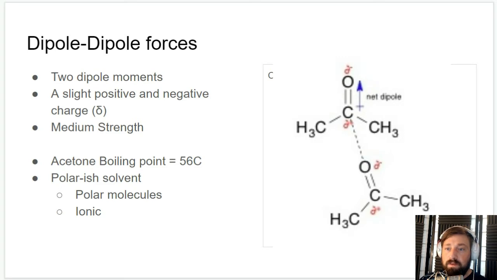If this bottom one is trying to move this way, it's going to have a harder time because it's being pulled towards this top molecule. So this is going to keep these molecules together, which means it's going to stay a liquid longer than if it didn't have this force.